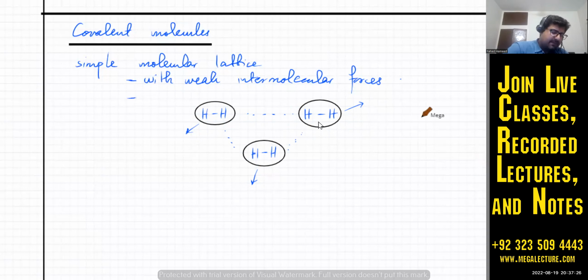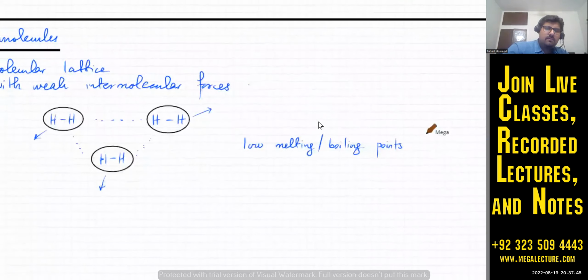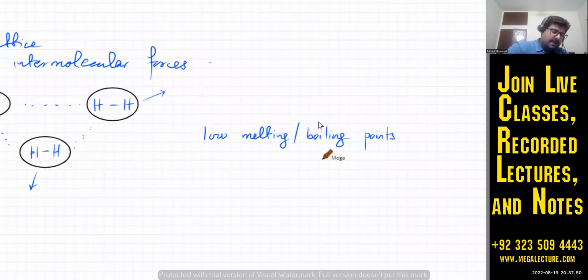which is why they'll have low melting and boiling points, because they're all just flying around, okay?